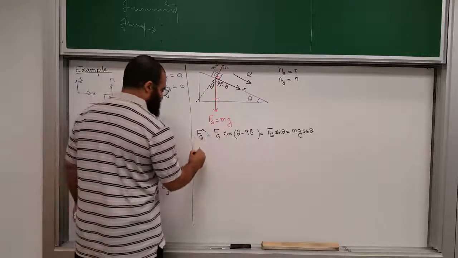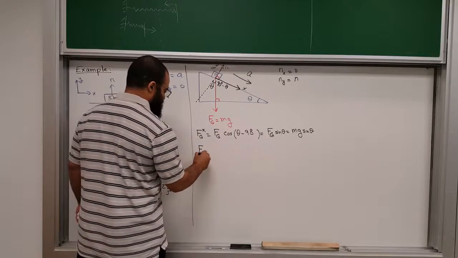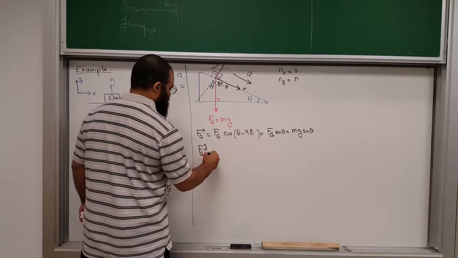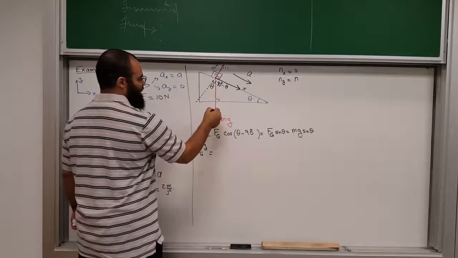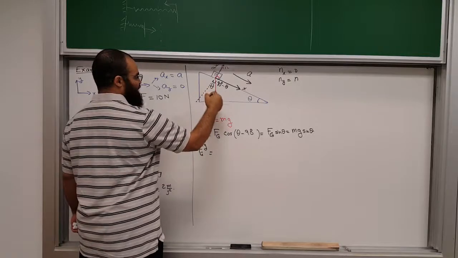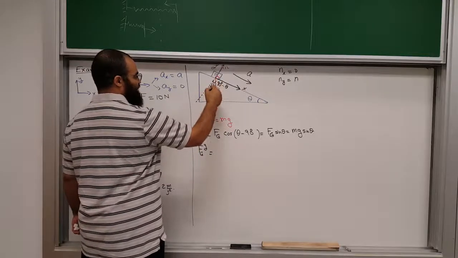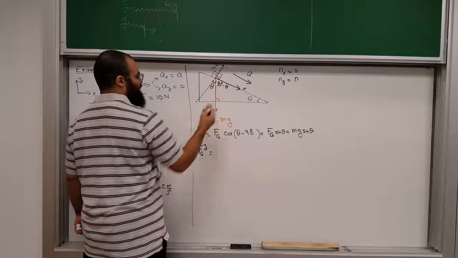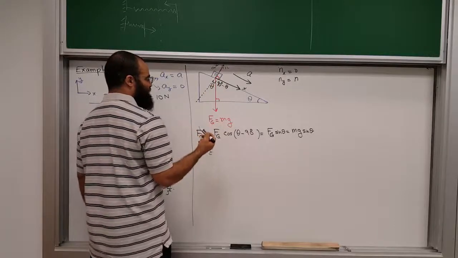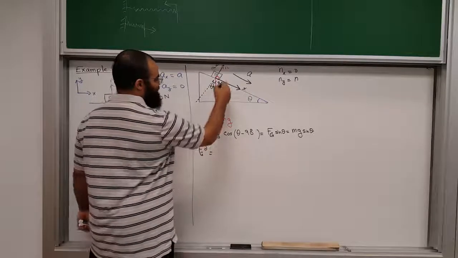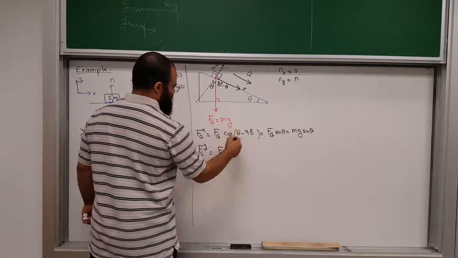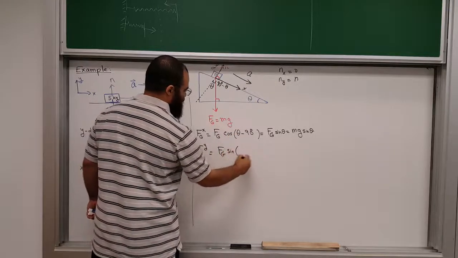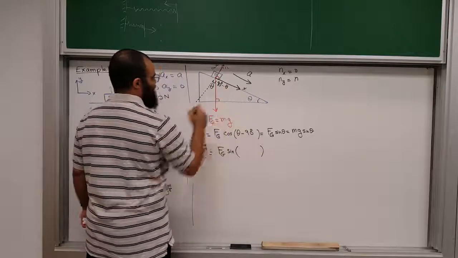How about the y component of the force of gravity? It's the adjacent side and it's negative, so it would be mg cosine theta with a negative sign, minus mg cosine theta. But let's see how it comes out from this. It would be the force of gravity times the sine of the angle it makes with the x-axis.